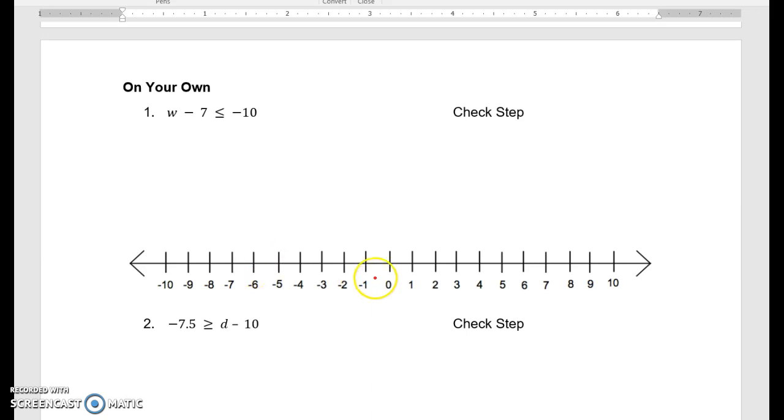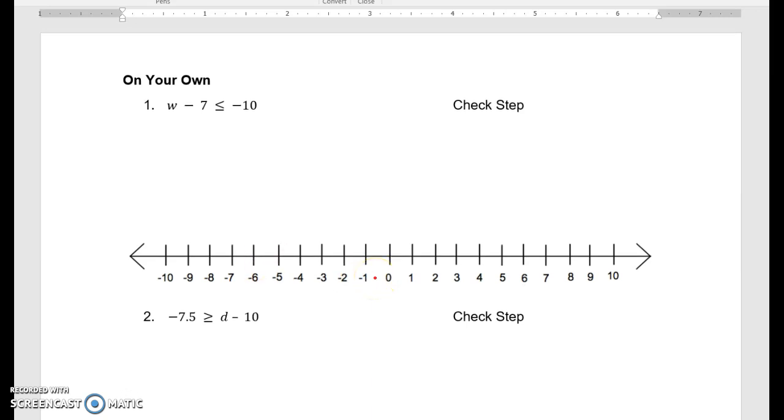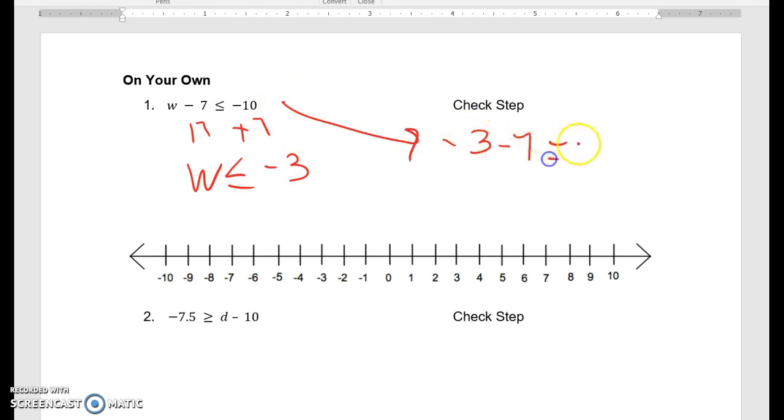All right, so you guys should be checking your work now. Once again, I'm going to go through these relatively quickly. -10 plus 7 will give you a -3. Check my step, rewrite my equation. -3 minus 7 equals -10. -3 minus 7 is -10. -10 equals -10.